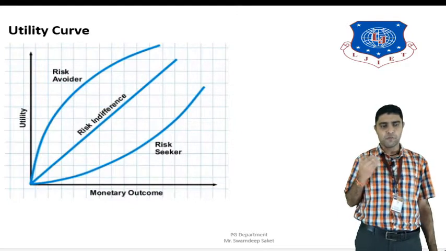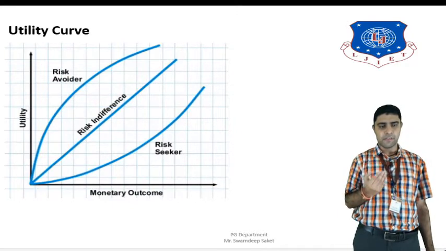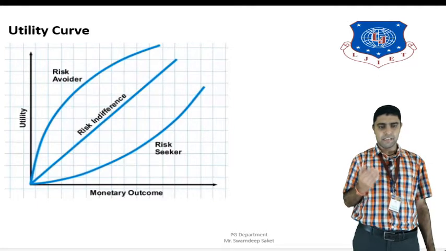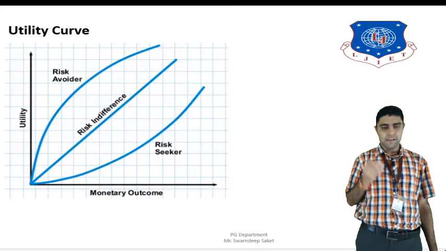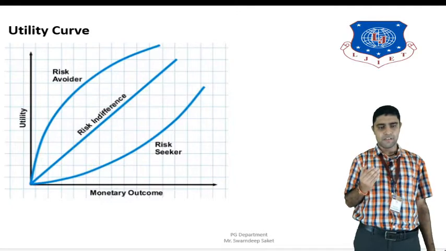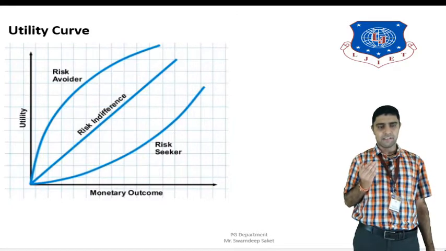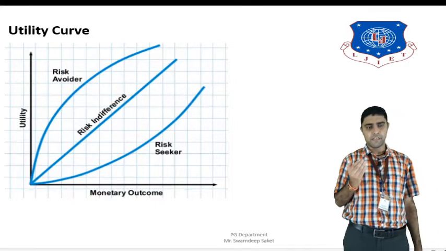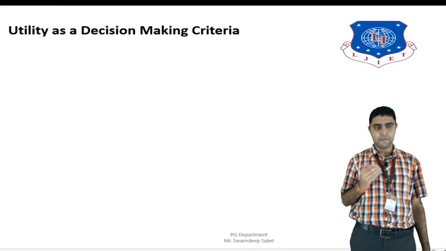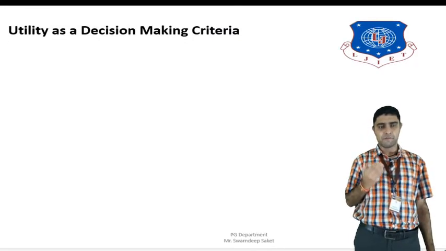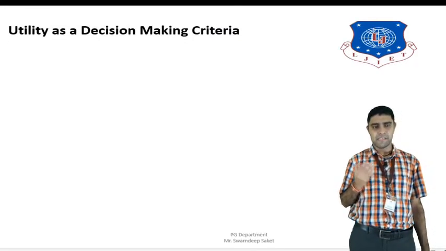For the risk seeker, if the monetary value increases, the utility curve also increases at a faster rate. If the monetary value decreases, the utility curve also decreases. So this is the graph showing the utility curve. Now we will see how utility function works as a decision making criterion.